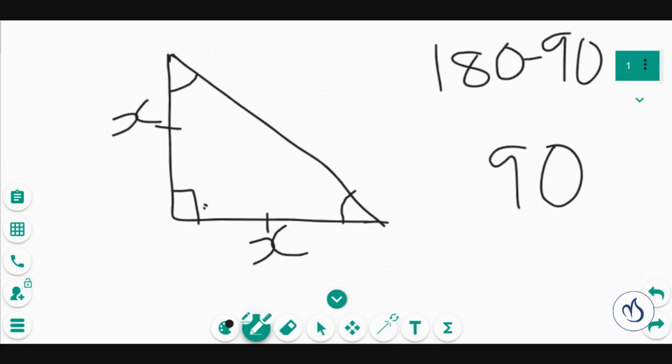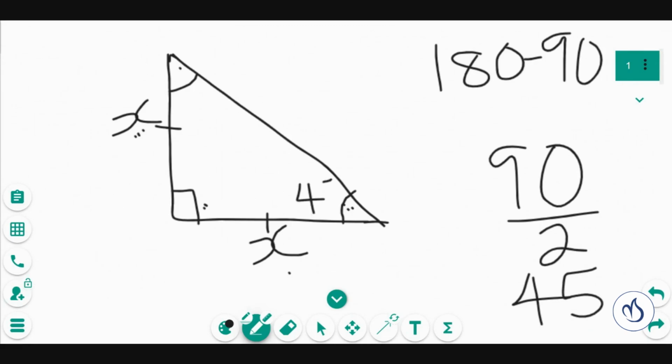But we have said that if the sides are equal, then the angles are also equal. So if the angles are equal, they are automatically going to be 45 each. Each angle is a 45.